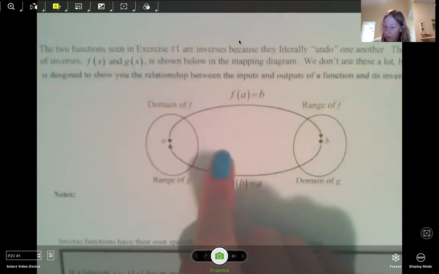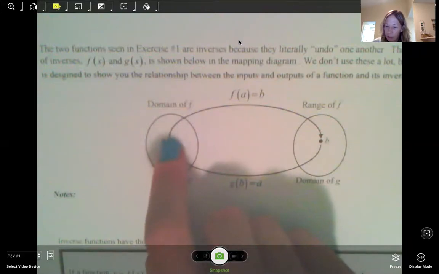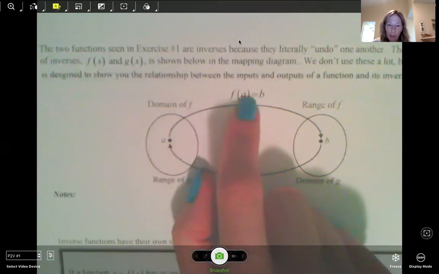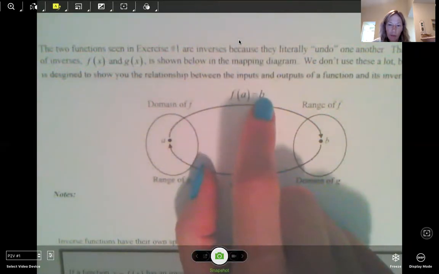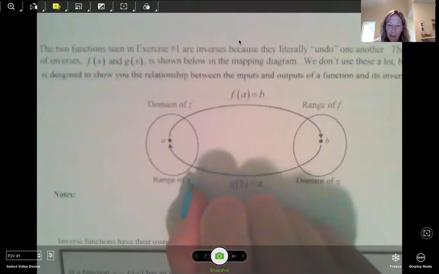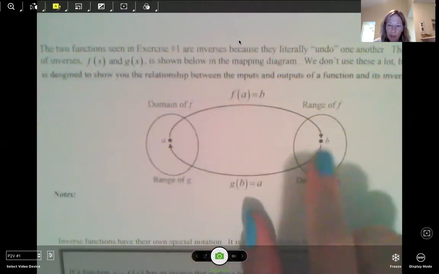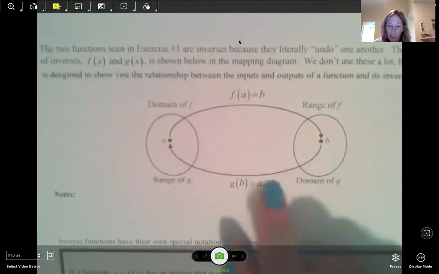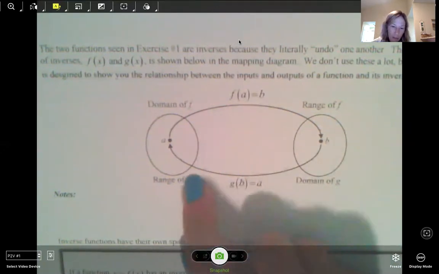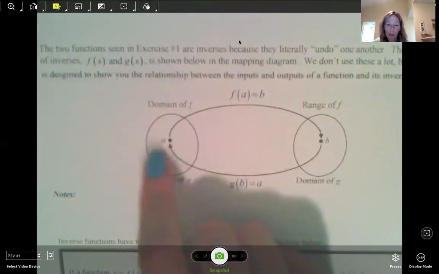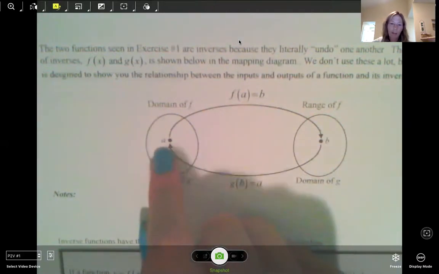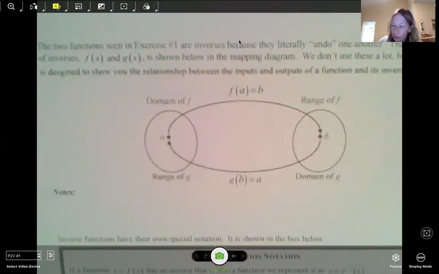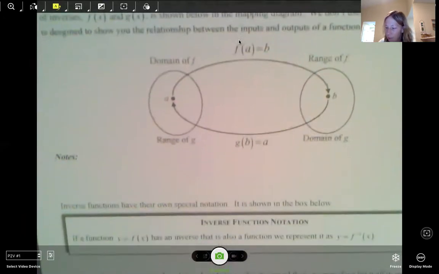Basically, we have this input value A and we plug it into f, and we get this output value of B. When we plug that B, which is the input or domain of g, it undoes it and gives us an output of A back. So it's kind of a vicious cycle, I guess, is one way you could look at it. But anyways, that's what inverses do.